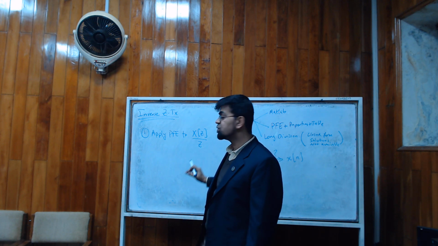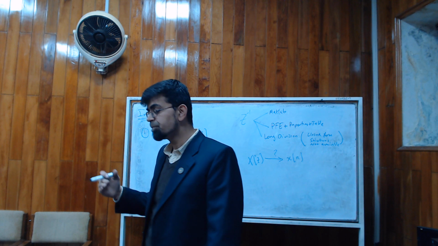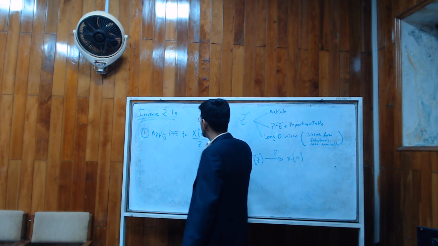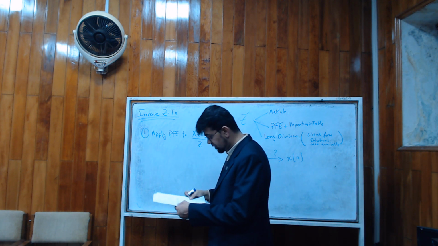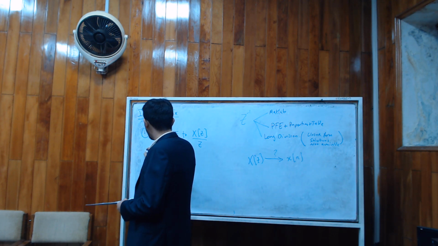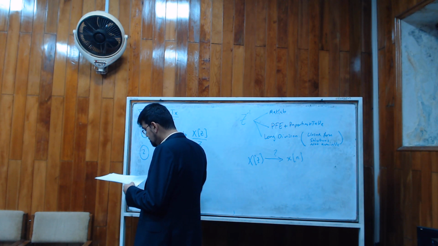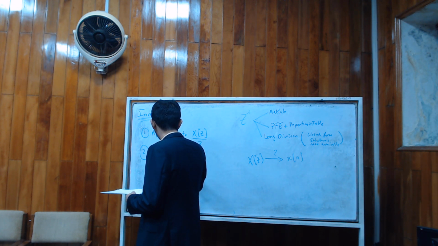Why not apply it to X(z)? You could do that, it will lead to the same solution, but it has been found with some experience that this leads to more elegant looking solutions. We can see an example of that. Second, once you have done the partial fraction expansion, multiply whatever you got by z.